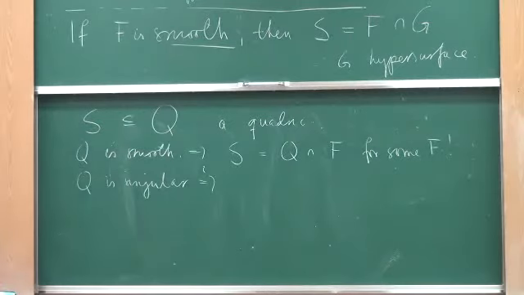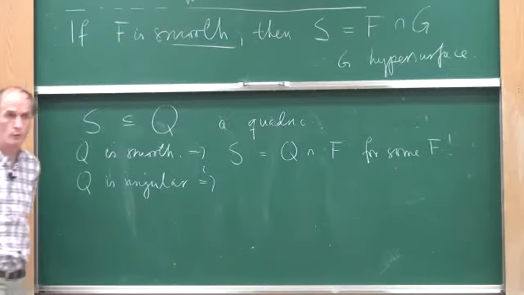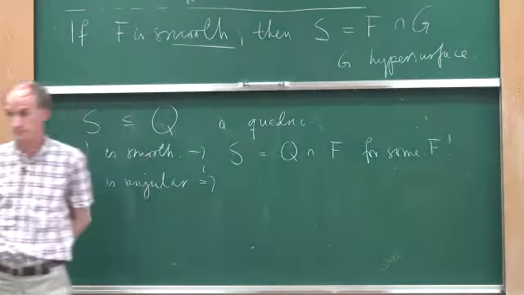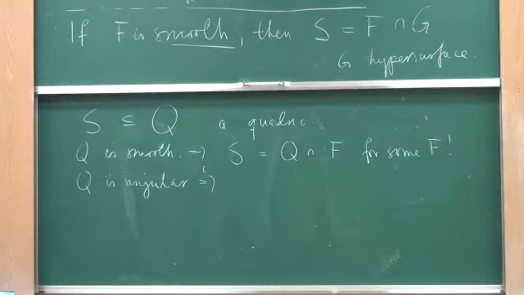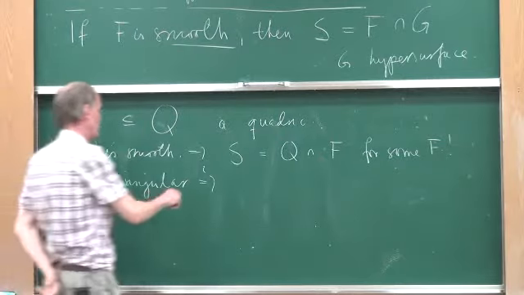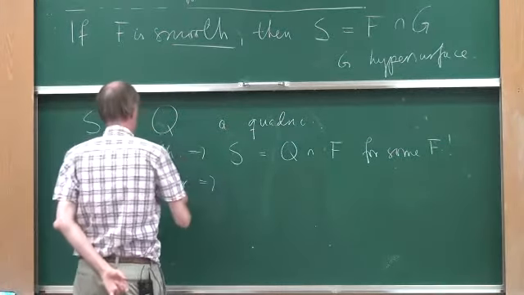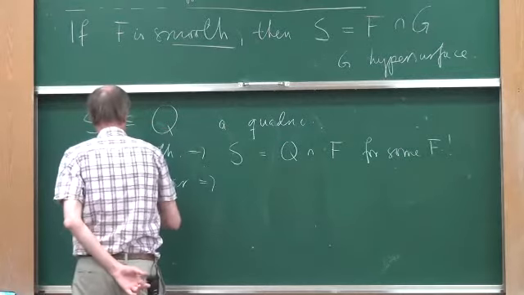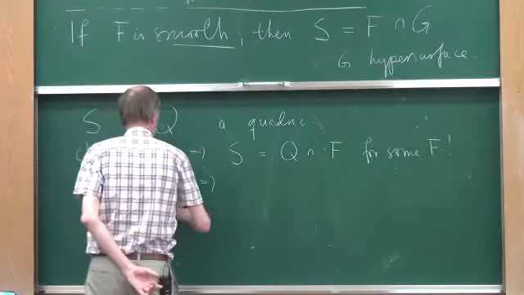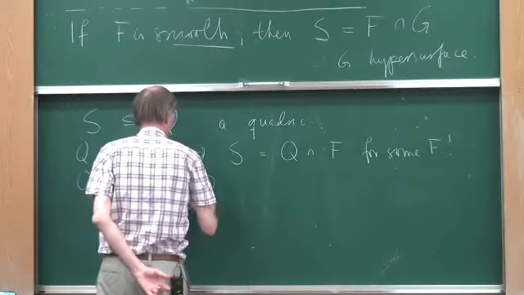Since I want S to be smooth, this here has to be irreducible, and so it's either a cone over a smooth quadric in P3, or it's a cone over a smooth conic in P2, which is singular in that case along a line. Let me just take the case where it's singular in one point.